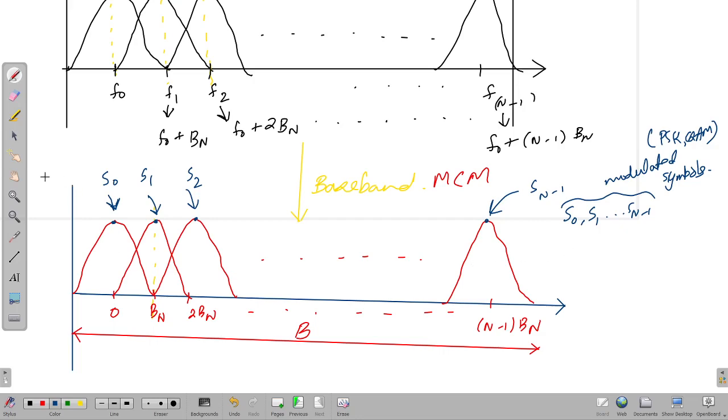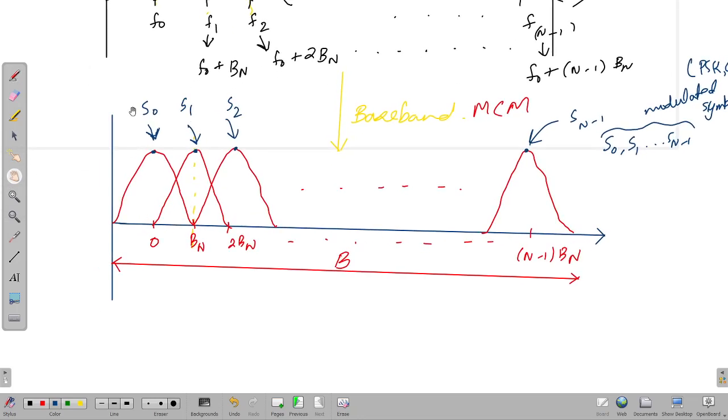And I have these modulated symbols modulated at these points. They are basically multiplied at these points on the subcarriers. They can be considered as data in frequency domain. That is another way to see it.